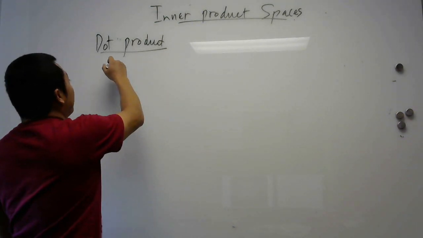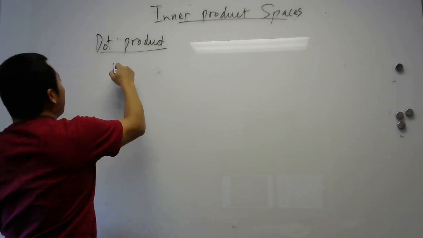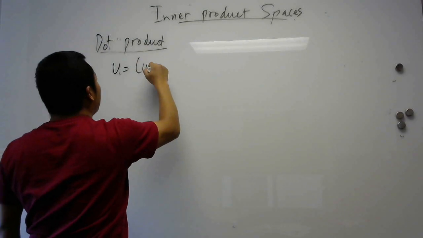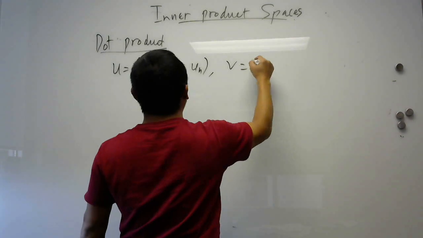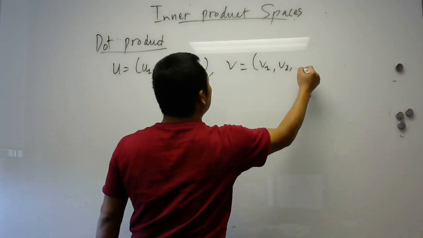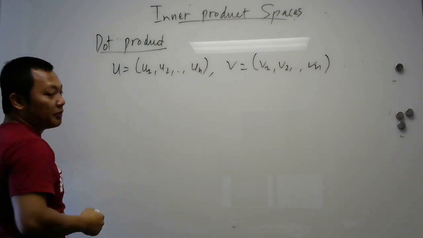That's fine. So you have two vectors, u and another vector v. Let's write them in general form. u is equal to u1, u2, up to un, and v is v1, v2, and so on, up to vn. You can determine the dot product between u and v.